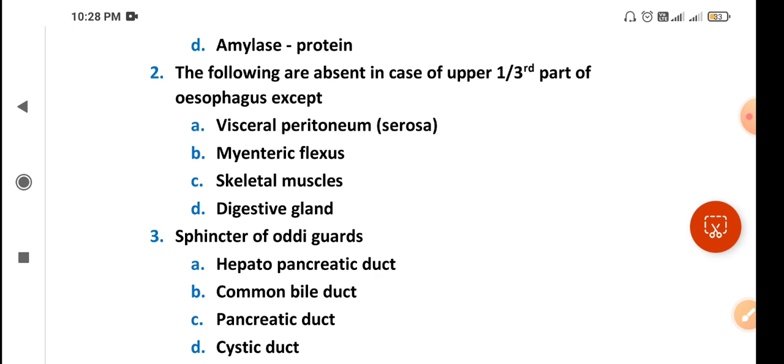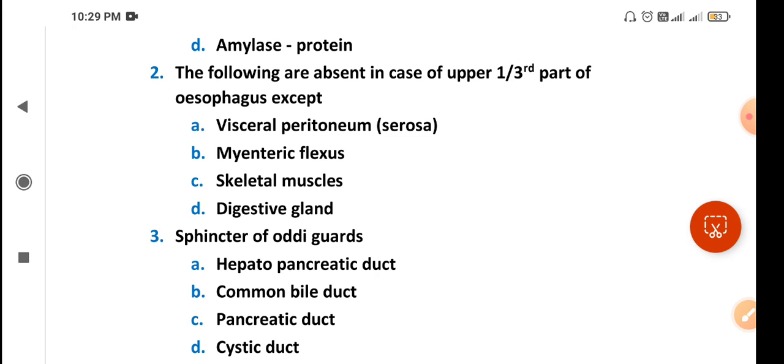So we have to choose the thing which is present in the upper 1/3 part of the esophagus. The first option is visceral peritoneum, which we can say is serosa.